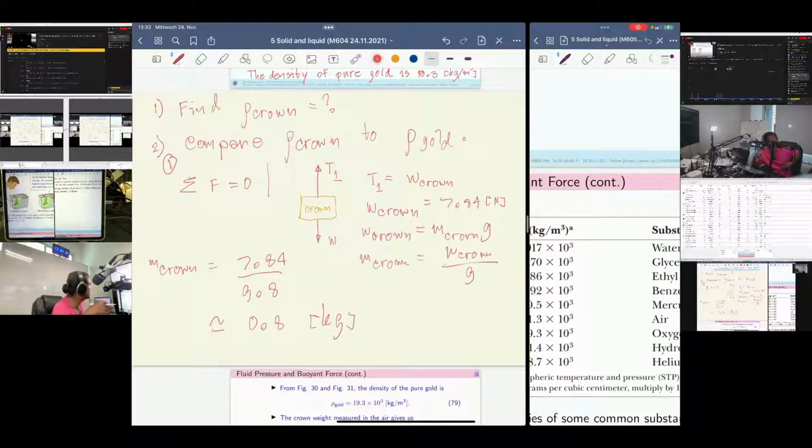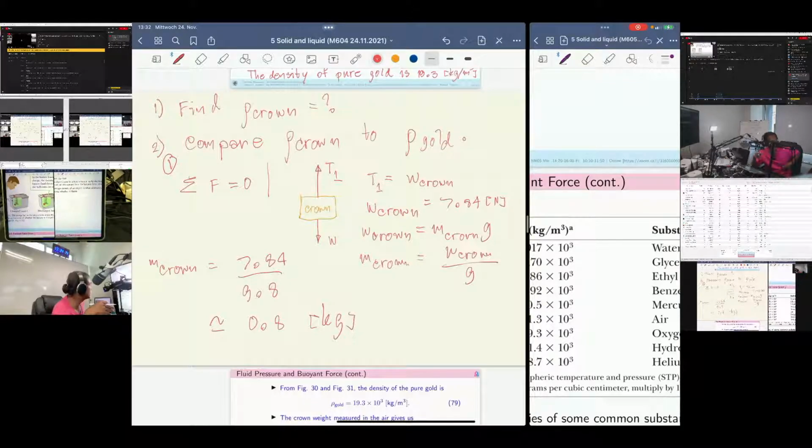Please note that our target is the rho of the crown, the density of the crown, which is the mass of the crown divided by the volume of the crown, right? So right now, the mass of the crown is known already, which is this value here.